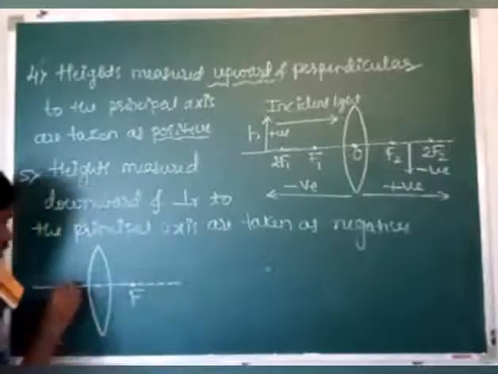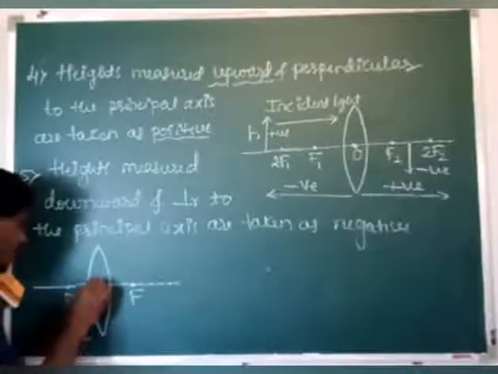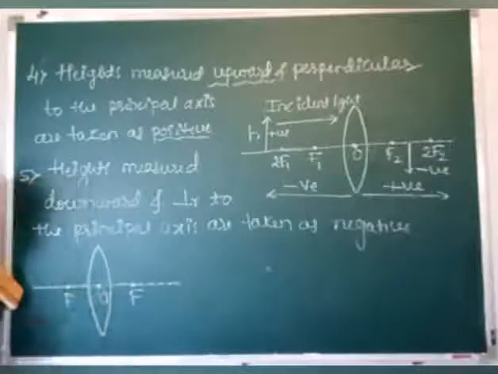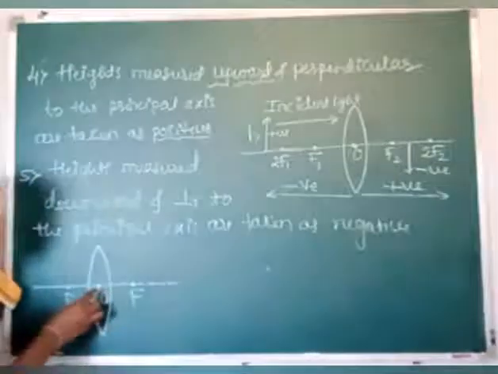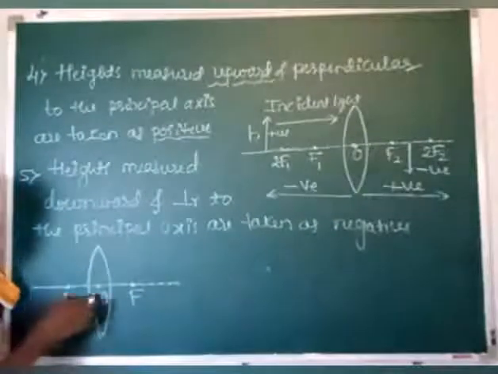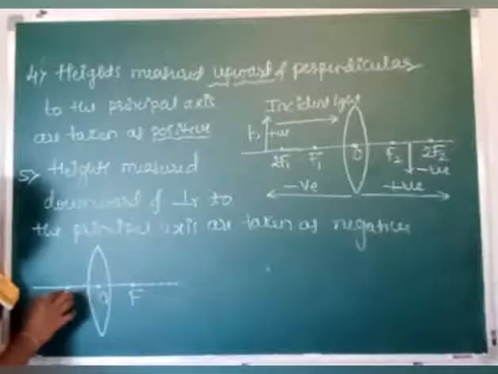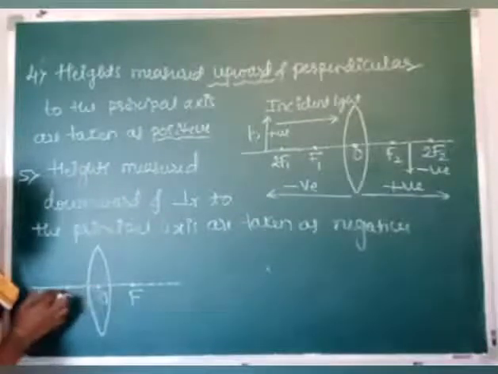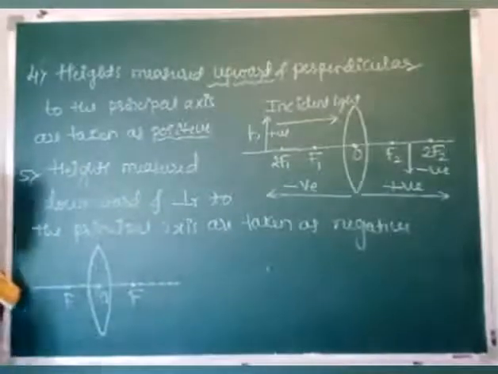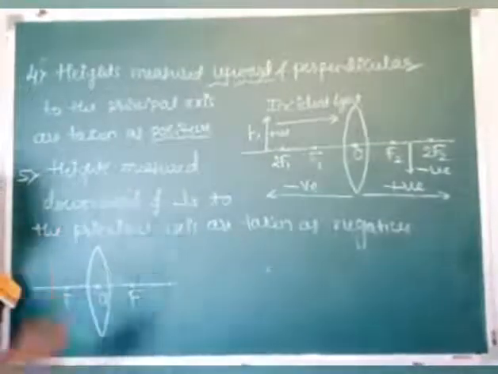Principal focus, this side also principal focus, and it is an optical center. These foci are equidistant from the optical center, meaning they have equal distances from the optical center. For example, if the distance of F from O on the left side is 2 cm, on the right side it is also 2 cm.